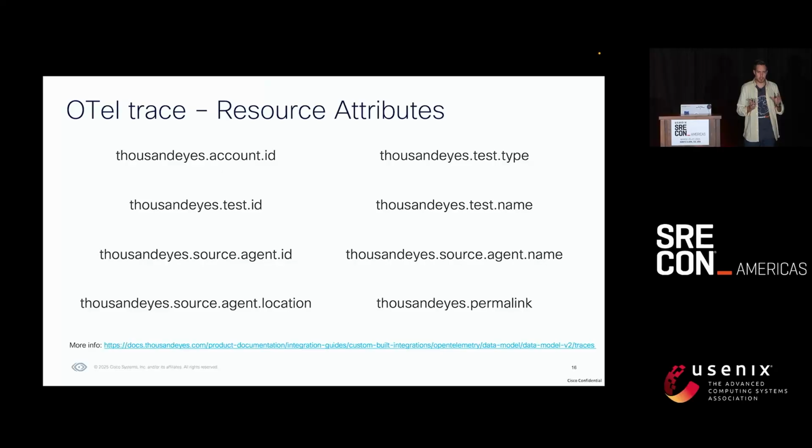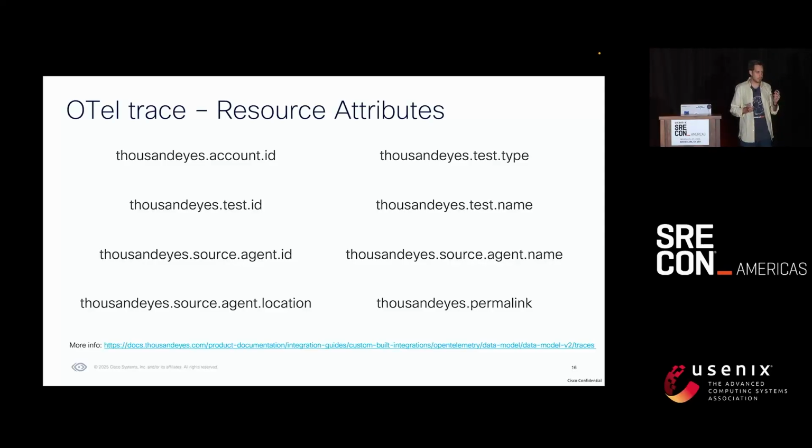And let's finish with the resource attributes. A resource attribute, for the people that don't know them, is a way to identify the resource producing that telemetry data. So here we are going to identify the resource as ThousandEyes, the test, and the agent running that network test. We are going to have your ThousandEyes account ID, your test type, name, and ID, and also the agent that was running.